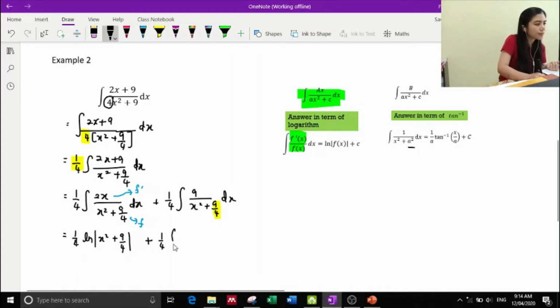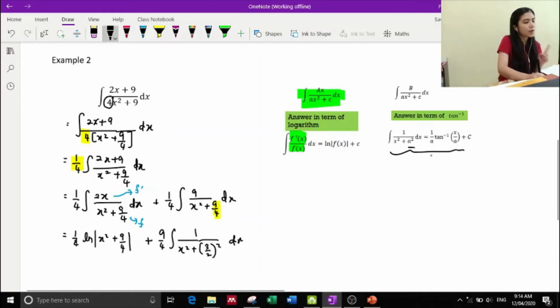So you will have 9, and you have x squared plus 3 over 2 squared. Okay, let me pull out the 9. So you take out the 9, so the 9 will be at the front, so you have 1 here. So this is actually in terms of this form, right? So you can use this formula, and you know that your answer will be in terms of tangent inverse for that one.